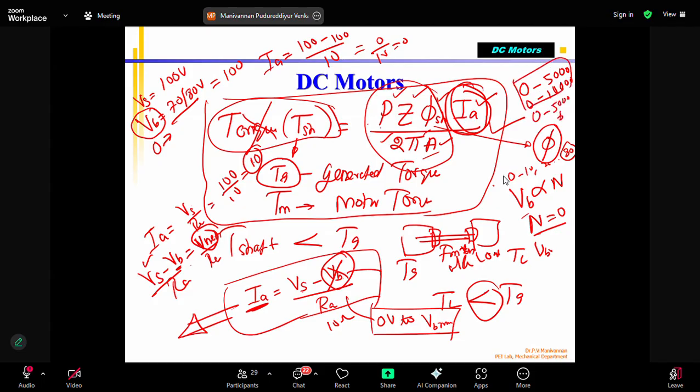At 5,000 RPM, it may generate 80 volts or 70 volts only. Otherwise, IA will become 0. V net should never become 0. If it becomes 0, IA will become 0. Then automatically motor torque also will become 0. Motor torque 0 means the motor will stop. It won't rotate. So that's how it is designed. So VB will always be lesser than V supply.